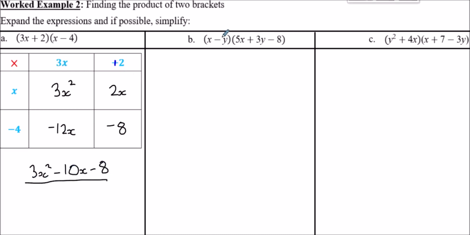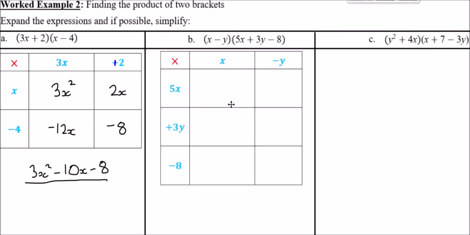The second one as a box, x minus y, well that's going to be two terms going along, and down the bottom, this is 1, 2, 3 terms. So the box might look something like this. So, first of all, x times 5x is 5x squared. Over here, we have minus 5xy.